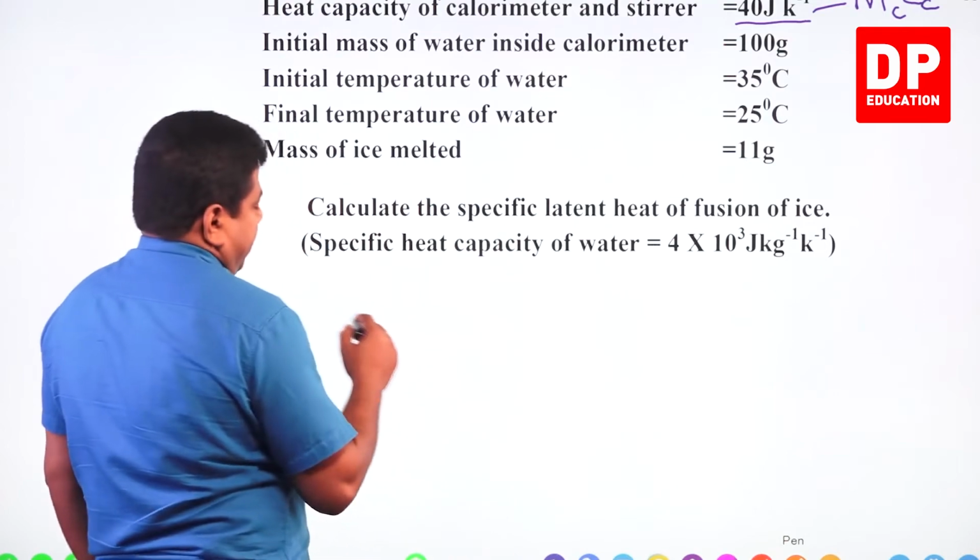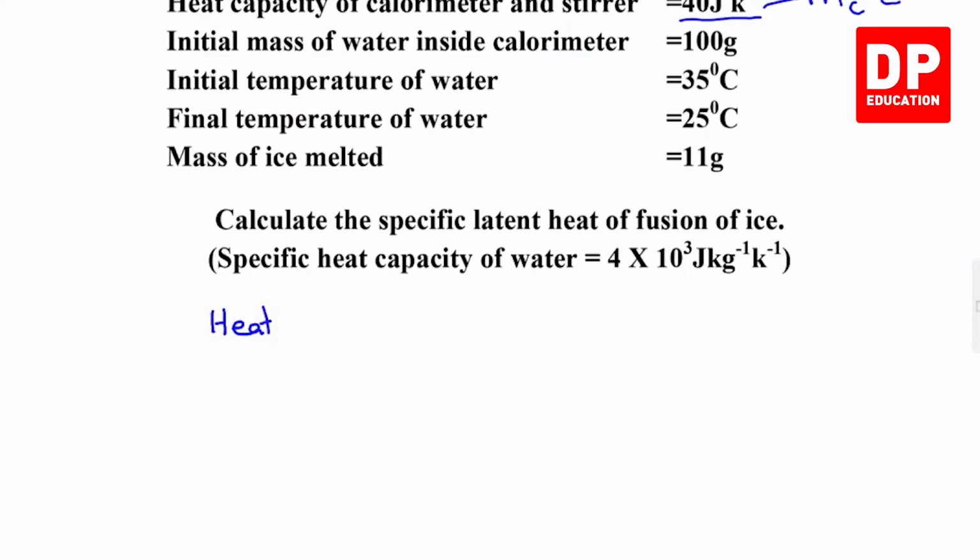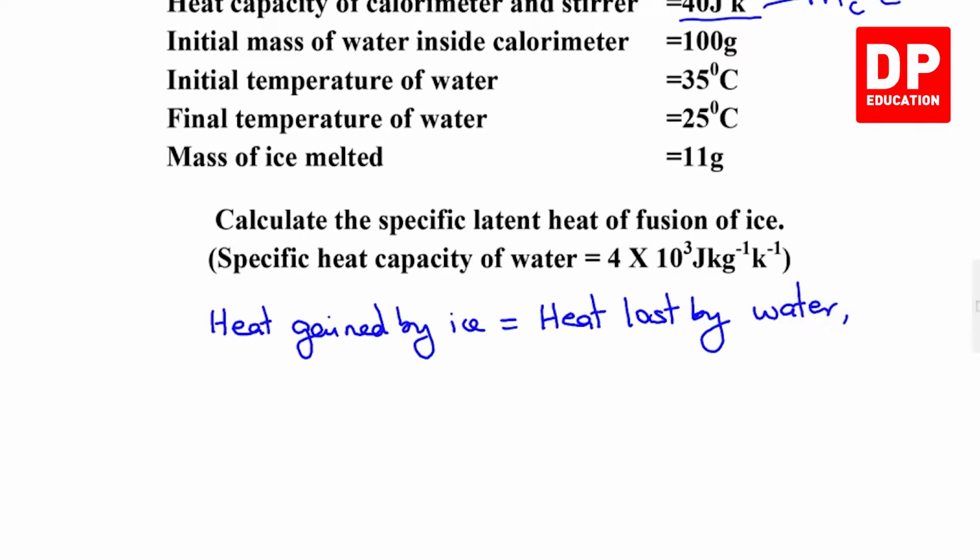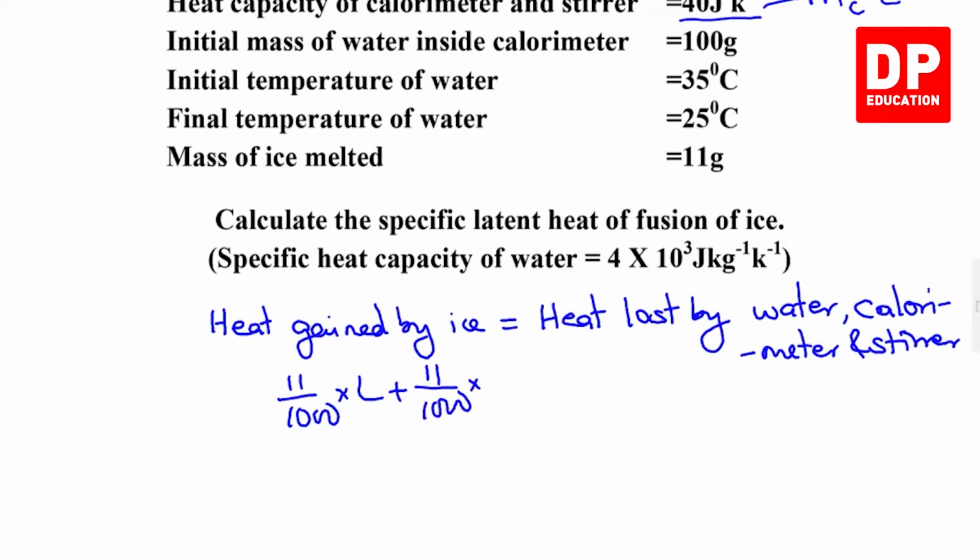So you can say heat gained by ice equals heat lost by water, calorimeter, and stirrer. Ice cube 11 grams, convert to kilograms, L, plus MCθ. C of water they have given 4000.